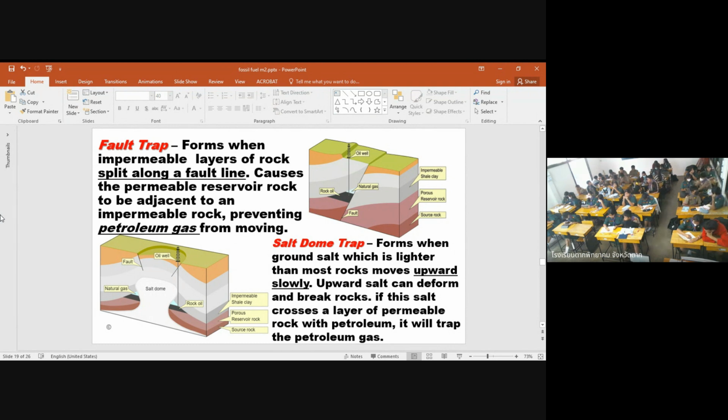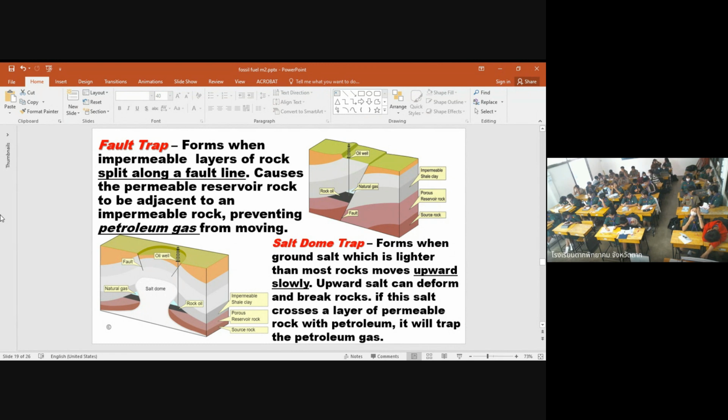This salt crosses a layer of permeable rock, which will trap the petroleum gas. So this one is a salt dome, and it will trap your petroleum gas.